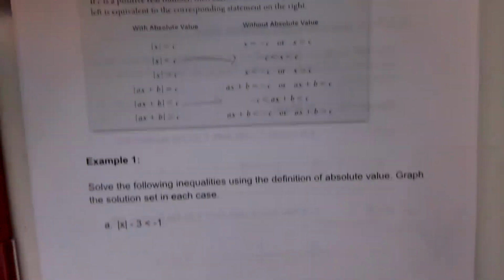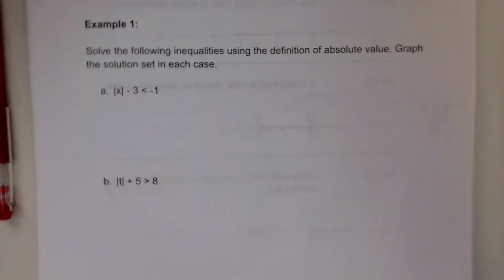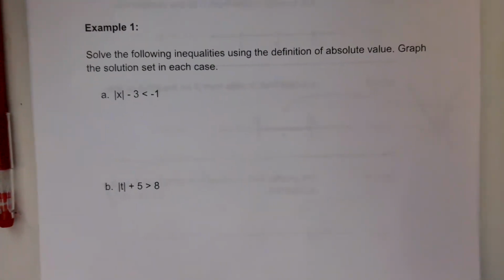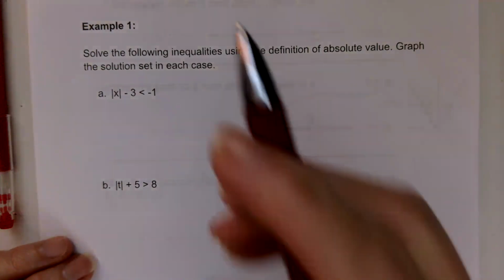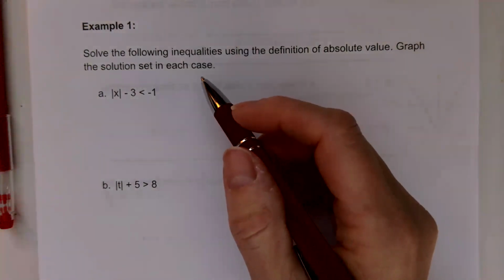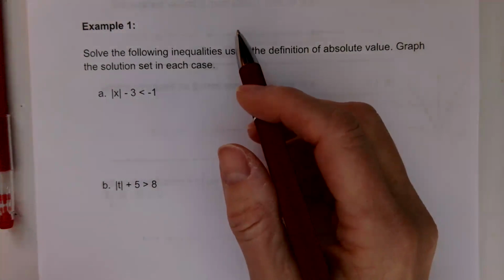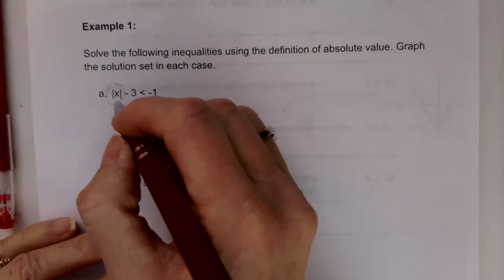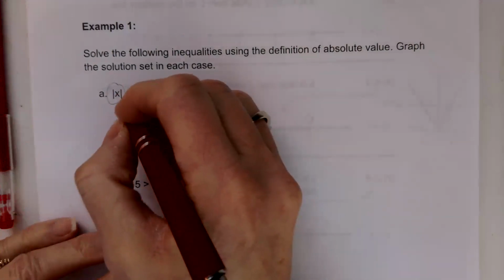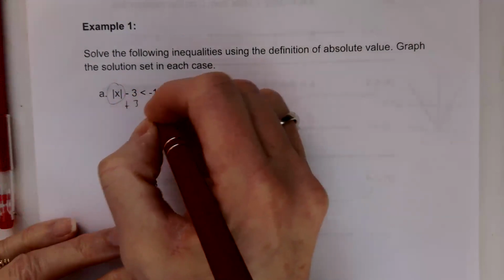Okay. Example 1 says, solve the following inequalities using the definition of absolute value. Graph the solution set in each case. And I'm going to use interval notation. So first we have to isolate the absolute value. So I'm going to add 3 to both sides.